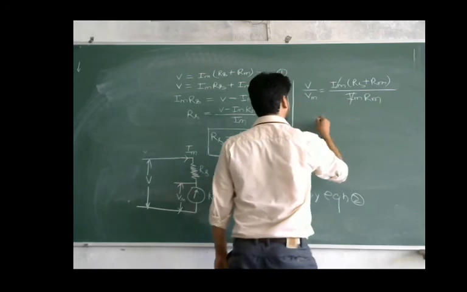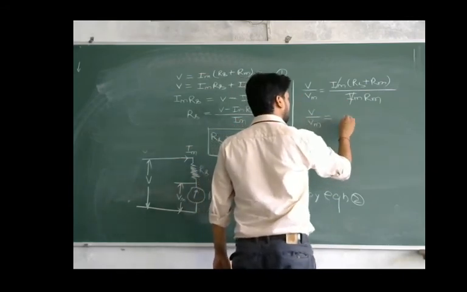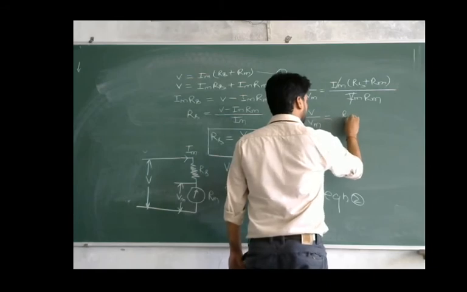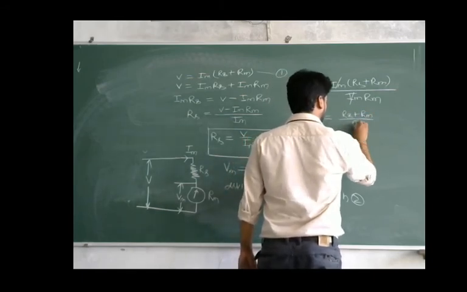This Im will cancel out. V upon Vm is equal to Rs plus Rm upon Rm.